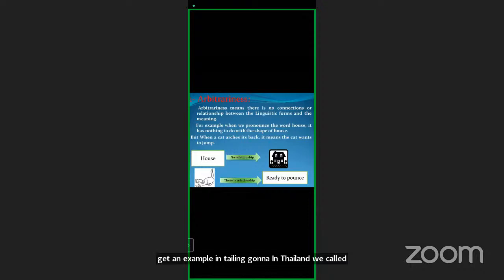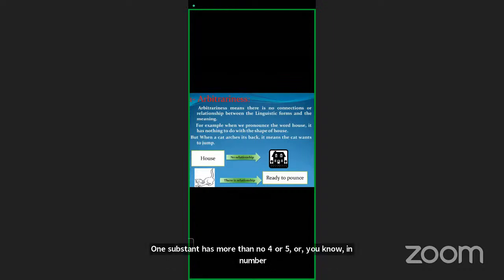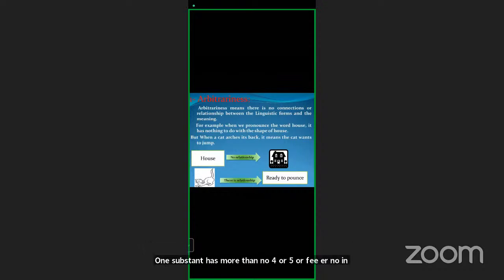In England, in the English language, it's water. In Hindi it's jal or pani, right? One substance has four or five or n number of words to signify that one. So when the word and its substance don't have an inherent relationship or connection, that is what is known as arbitrariness.